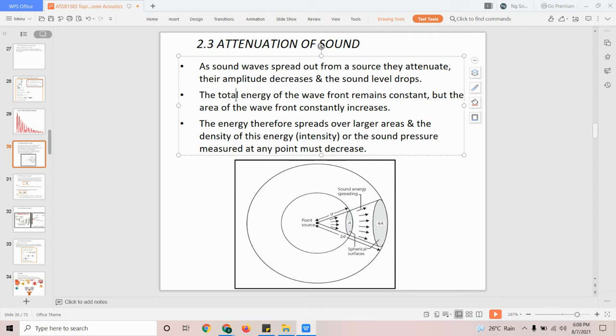The energy they have is constant, but as they move further and further away, they lose their energy. The energy is spread over an area, and at a further distance from the point source, the amount of energy for the sound actually decreases. So this is what it means.